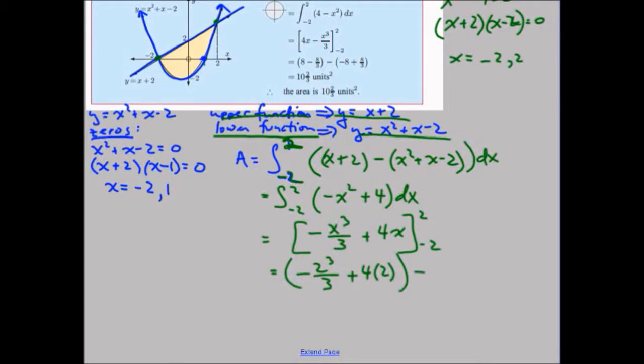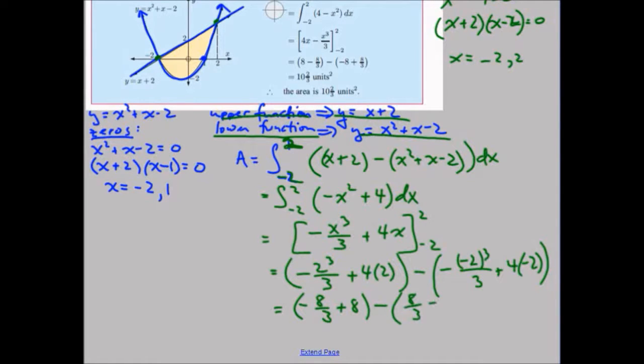Subtract, substituting in negative 2, negative 2 cubed over 3 plus 4 times negative 2. Just do the math, so negative 8 over 3 plus 8. Subtract. This will be negative 8 over 3, but it's negative, so 8 over 3. Subtract 8.